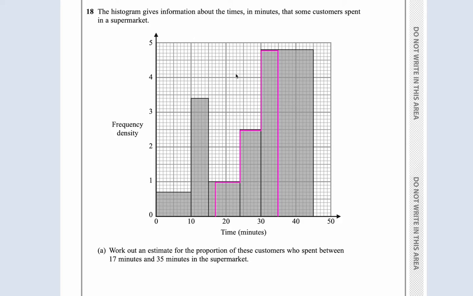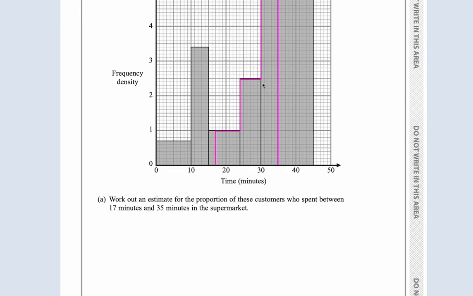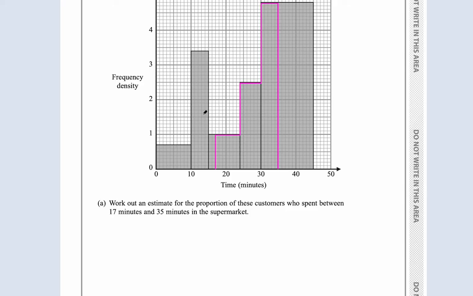So let's first find out the area of this entire histogram. The way we're going to do it is, for all of these bars, we're going to get the area. So this first one, the length is 10, the height is 0.7. So I'm going to do 10 times 0.7 equals 7.